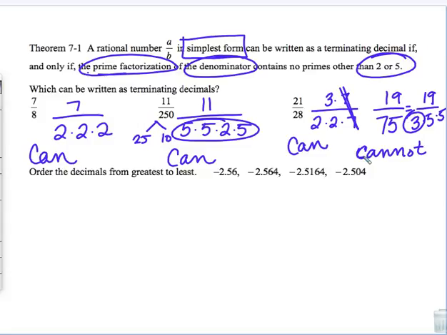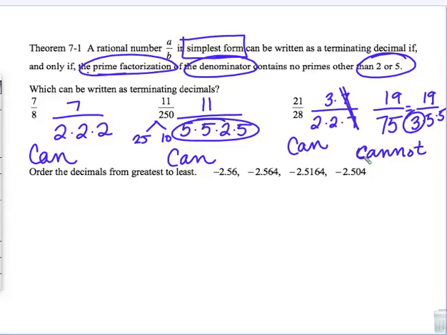And so that's something you can do if you're struggling with this. The greatest number here would actually be the smallest value, because of the negatives.